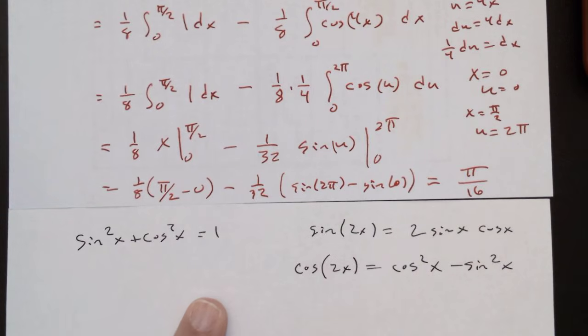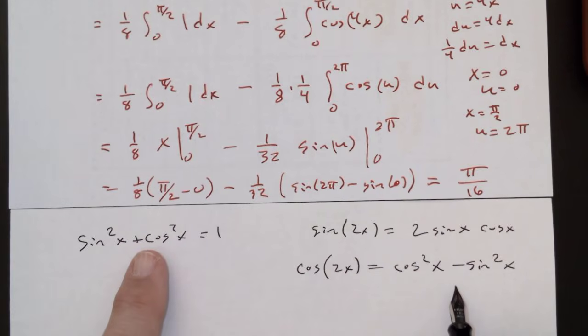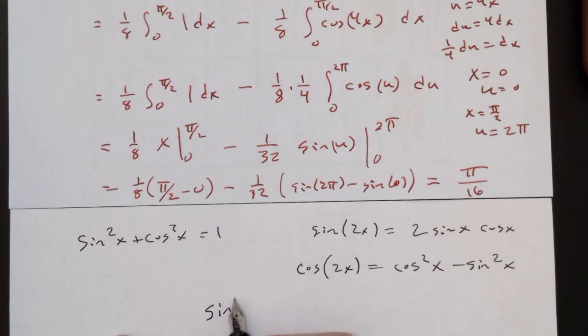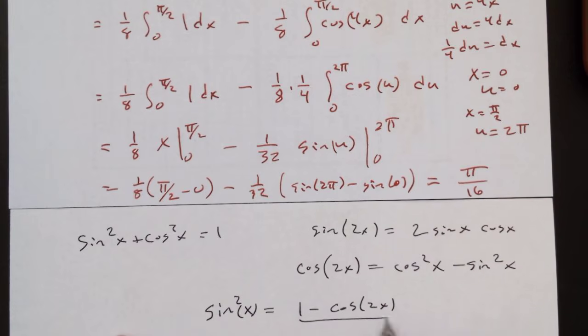If you want the square reducing formulas, you can get them from these 2, or you can try and jam them in there. Sine squared x is 1 minus cosine 2x over 2. Cosine squared x is 1 plus cosine 2x over 2.